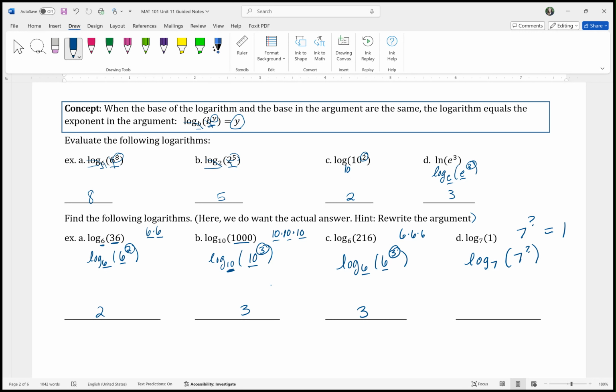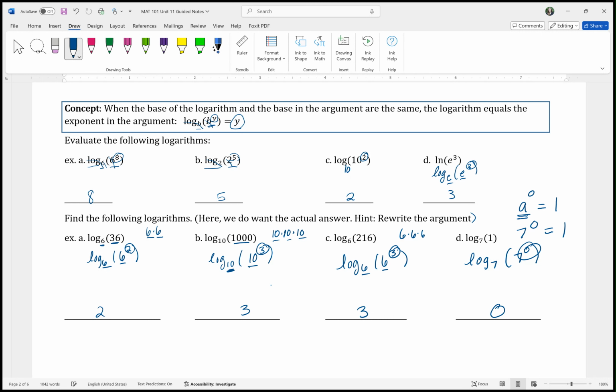Well, 7 times 7 is 49, so that's not going to be it. And 7 by itself is just 7. So this one is kind of a key mathematical concept. The answer is just 0. Remember, anything raised to the 0 power is 1. So the answer here is just our exponent of 0.